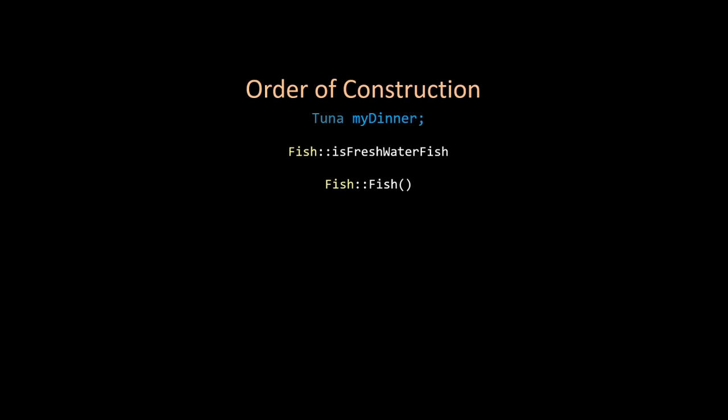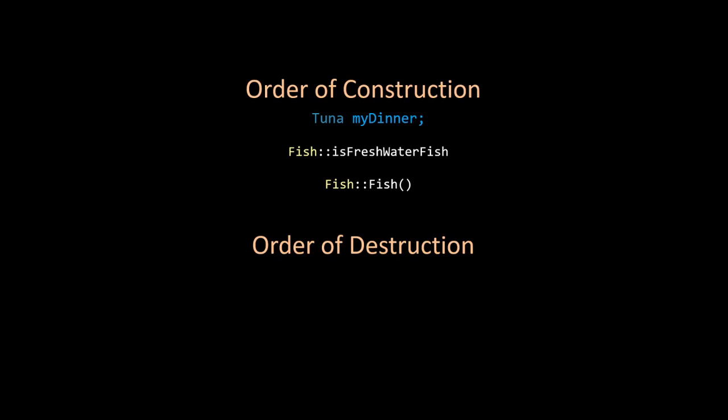So the fish part of tuna is constructed first so that member attributes, especially the protected and public ones contained in class fish, are ready for consumption when class tuna is instantiated. When an instance of tuna goes out of scope, the sequence of destruction is the opposite of that of construction. So we're going to look at an example of that as well.